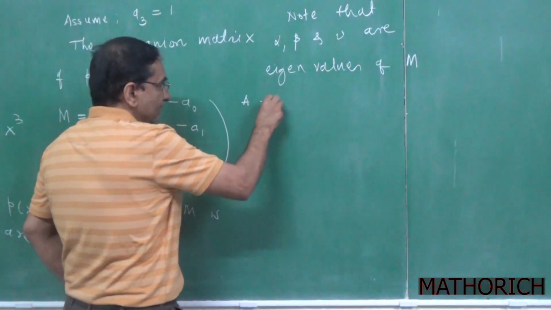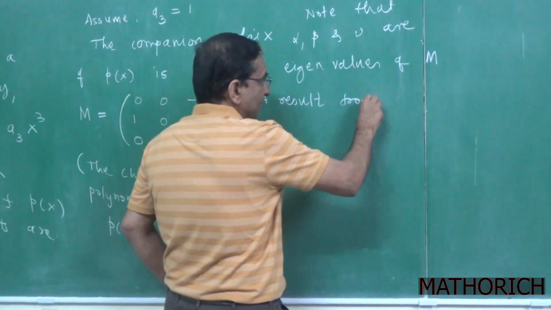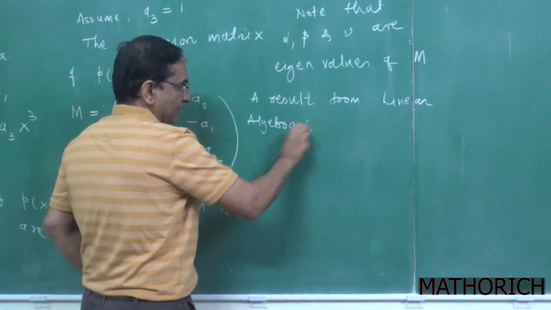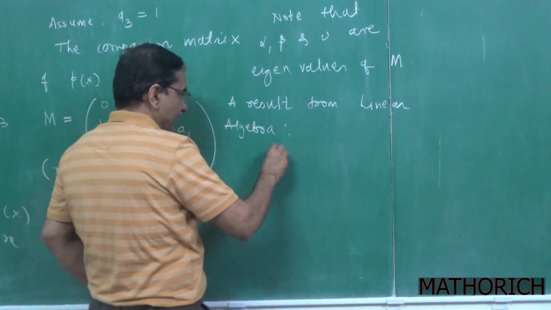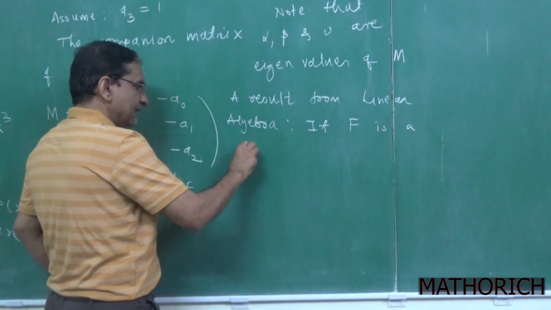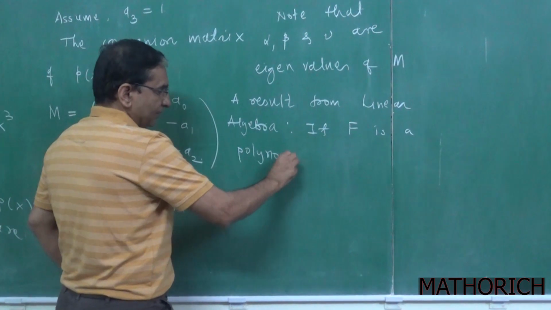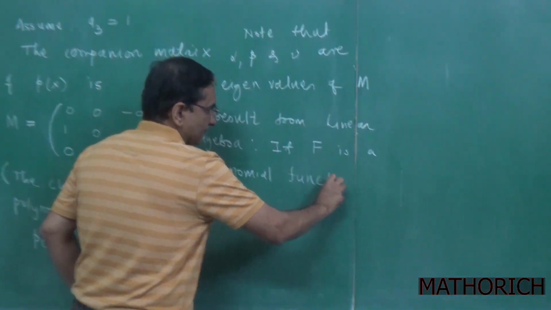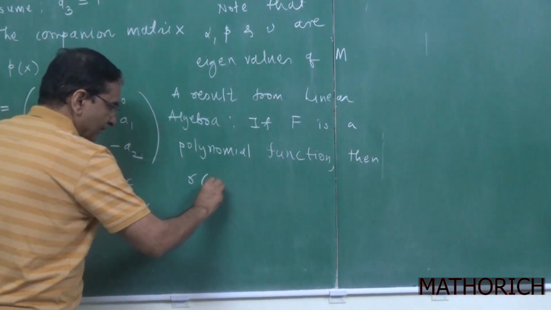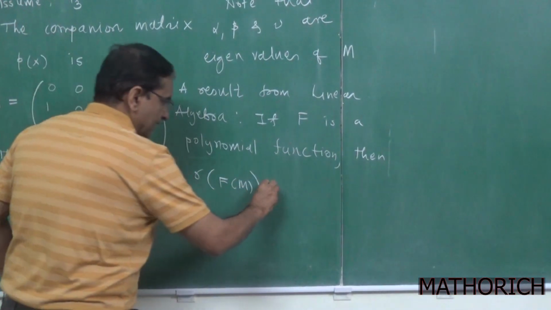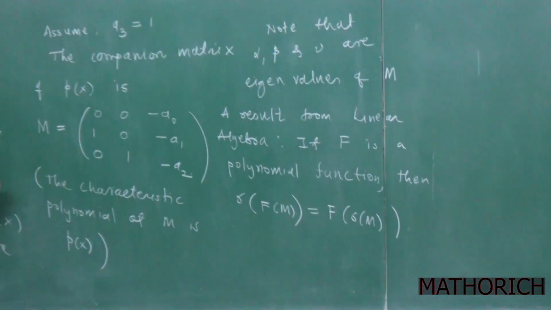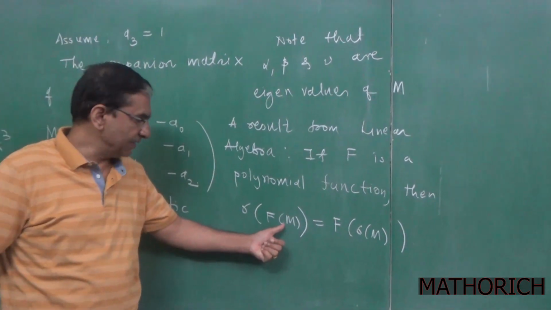Okay, so this is a result from linear algebra, which I state in a slightly different way. If f is a polynomial function, then the spectrum of f(M) is equal to f of the spectrum of M. This is a very general result, but I am using it for the matrix M and polynomial function f.